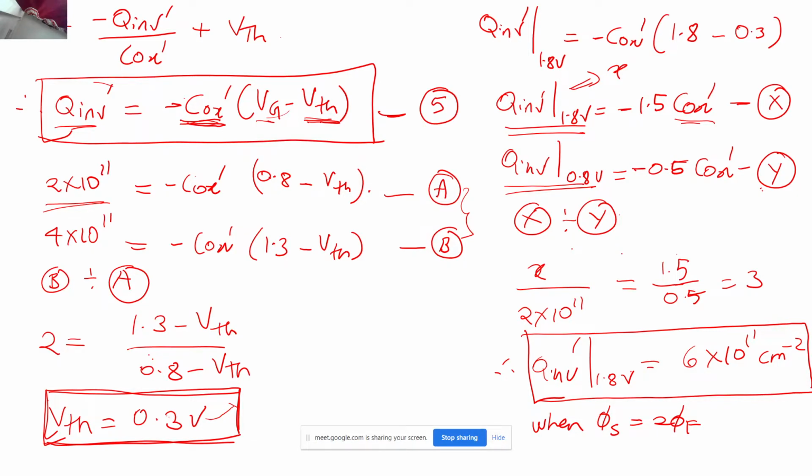But now I am applying Vg higher than this value. Exactly at the onset of this point where phi s is equal to 2 phi f, what you have written is correct. But I am not there, right? I have gone past that value because I have applied a gate voltage greater than the threshold voltage. So I am not exactly at that point.